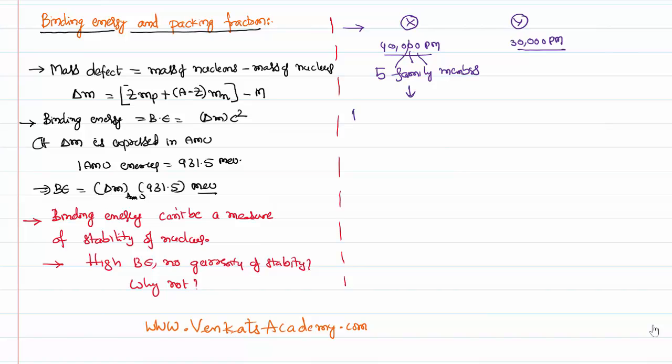So per person, how much can this fellow spend? 40,000 by 5. That's going to be only 8,000 rupees per person. But look at the Y family. Assume that there are only 3 people in the family.